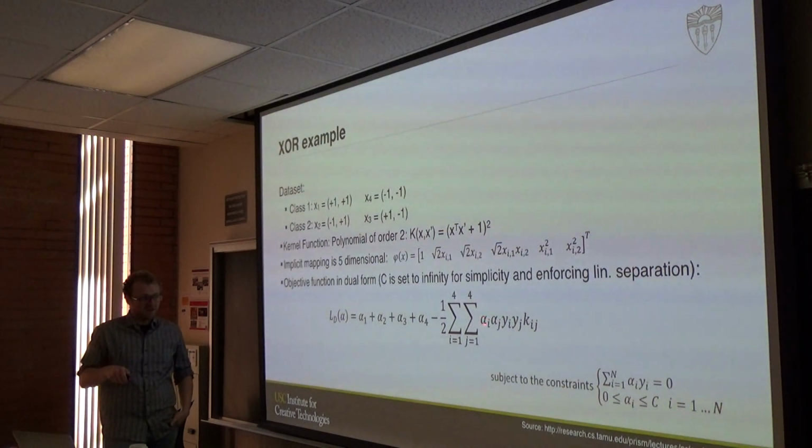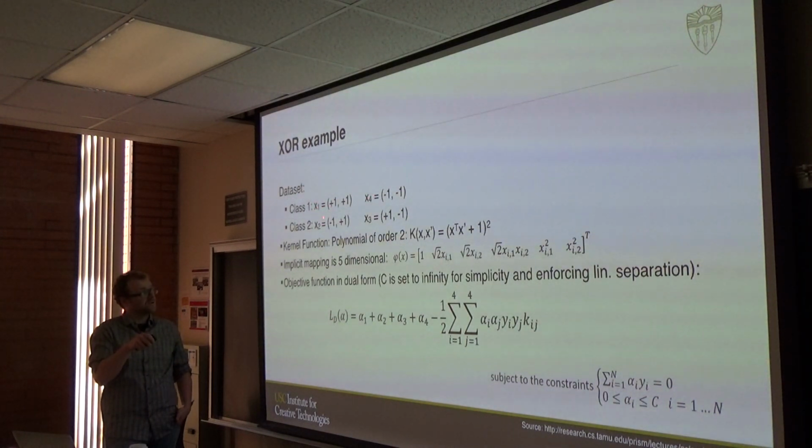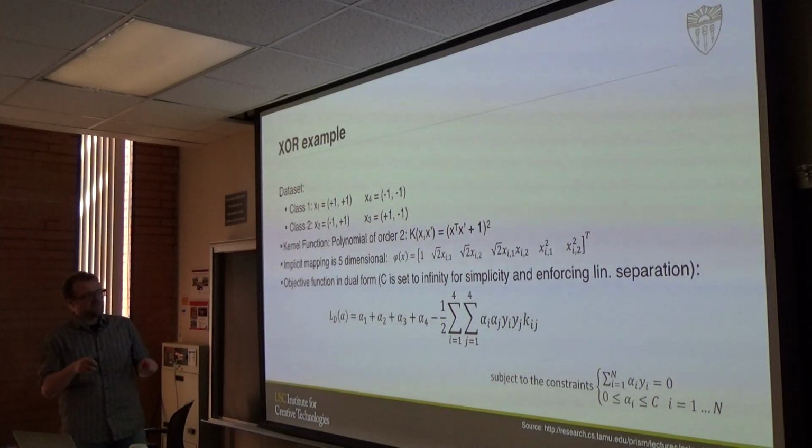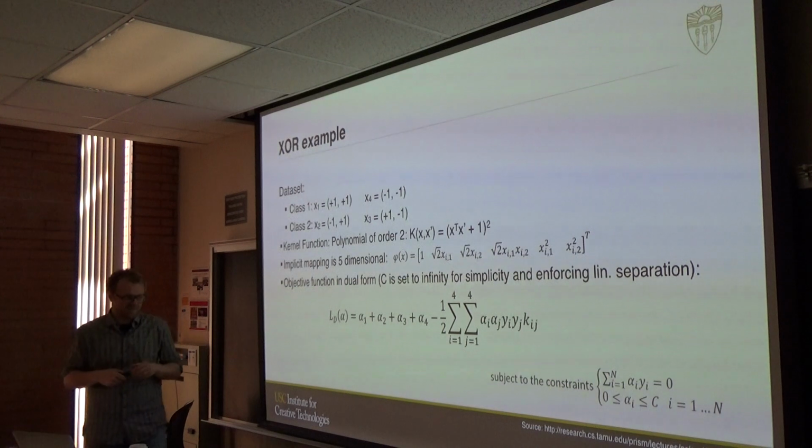And for that we have alpha i and alpha j times yi, which is +1 or -1, and yj, and then we have Kij, which is the kernel applied to xi and xj, so 1,1, 1,2, 1,3, 1,4, then 2,1, 2,2, 2,3, 2,4, and so on. So we have to apply this basically 16 times.